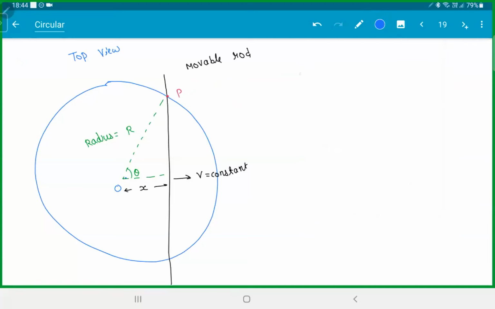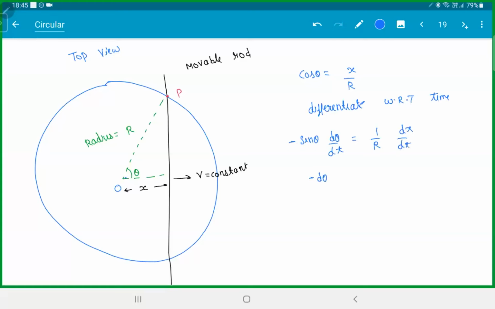Okay, question. What is cos theta? Adjacent by hypotenuse. It is x by r. Differentiate on both sides. In the previous question, the vertical distance was changing. This gives sine theta d theta by dt equals 1 by r dx by dt.